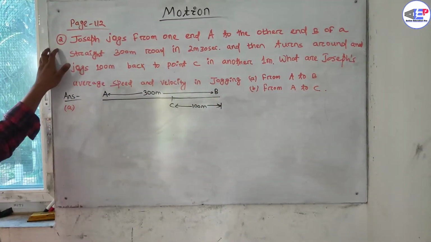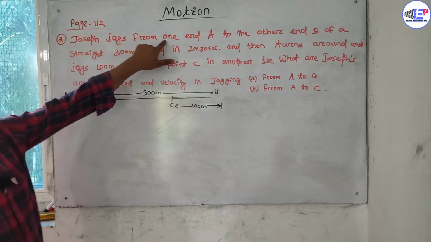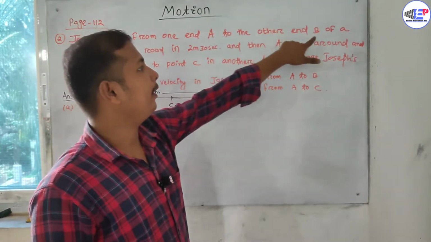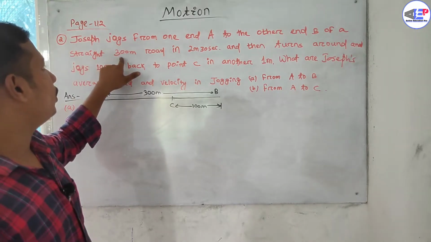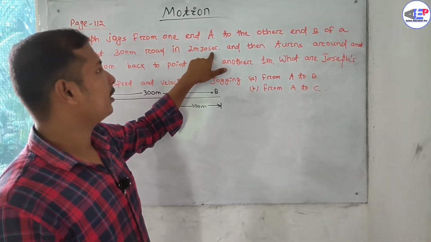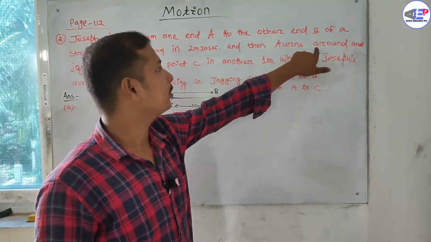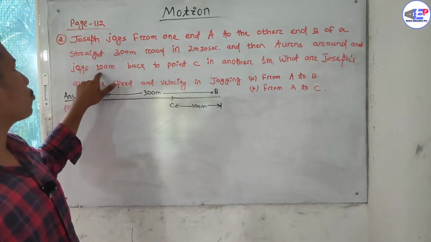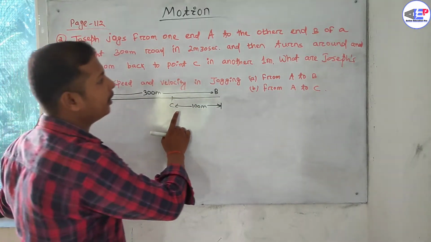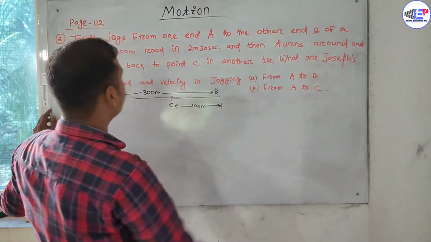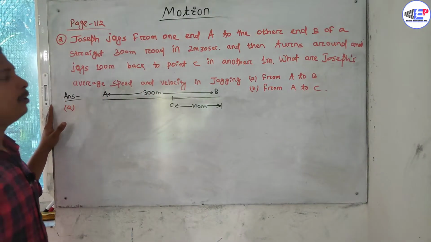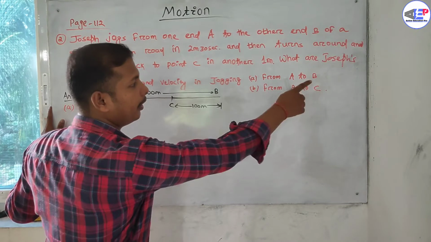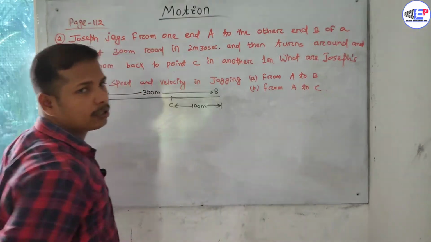Here the question is given that Joseph jogs from one end A to the other end B of a straight 300 meter road in 2 minutes 30 seconds, and then he turns around and jogs 100 meter back to point C in another 1 minute. What are Joseph's average speed and average velocity in jogging from A to B and from A to C?